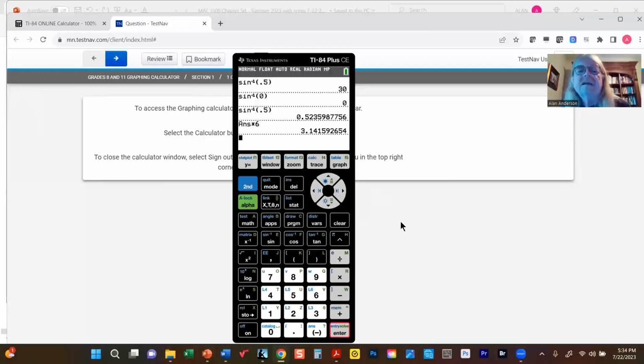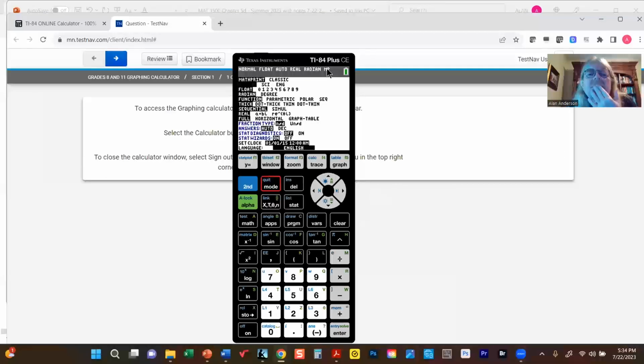I don't know if there's any way that we can force the calculator to take 0.5235 and show it instead as pi over 6. Actually, I think there is a way.